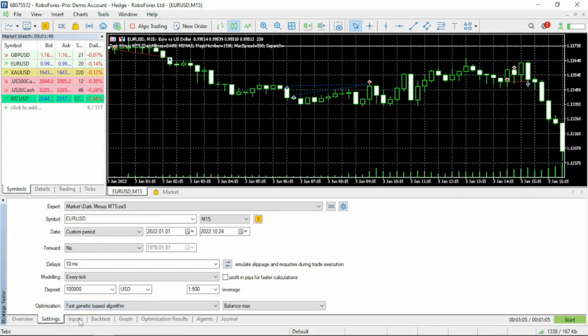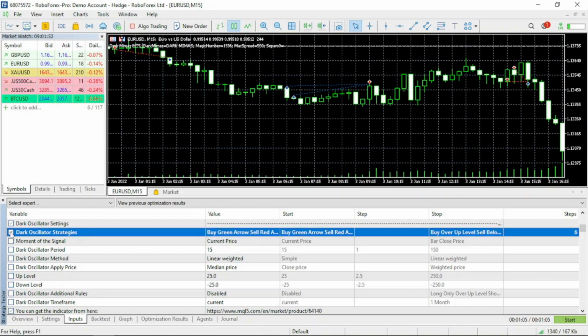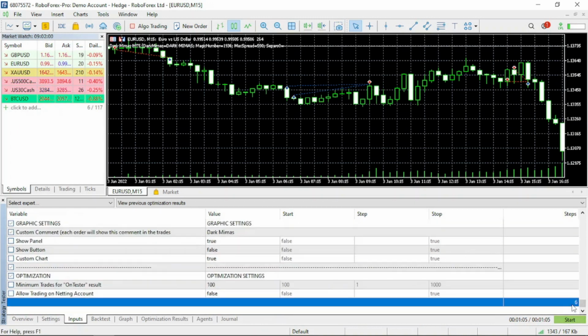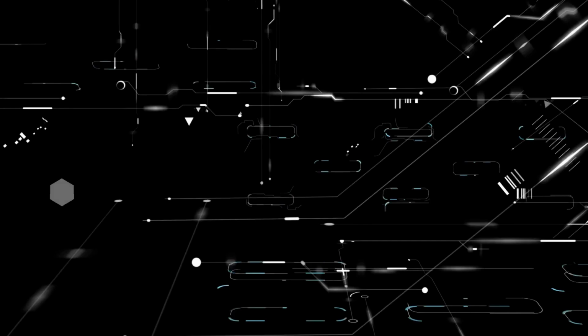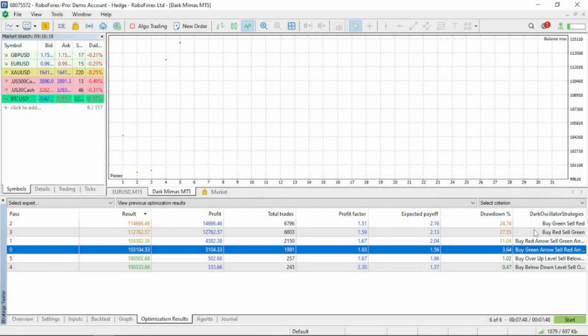You are more than welcome to use a slow complete algorithm, but for the sake of the video's length, I'm going to use a fast genetic. Select the dark oscillator strategies and make sure that everything else is unselected, and then press start. This means that we will be running the default settings against the 6 different strategies that are built into the expert advisor. Let's take a look at the results.